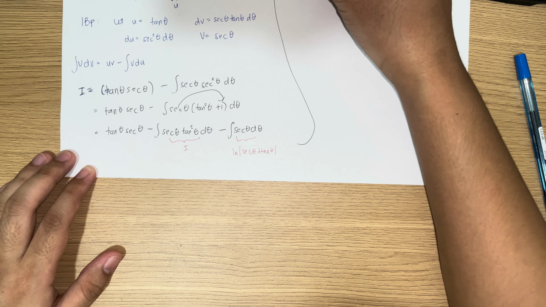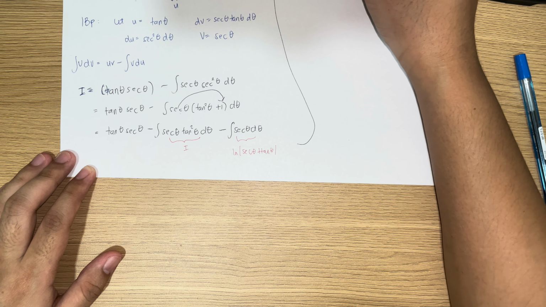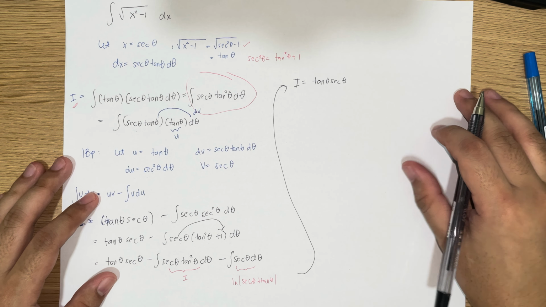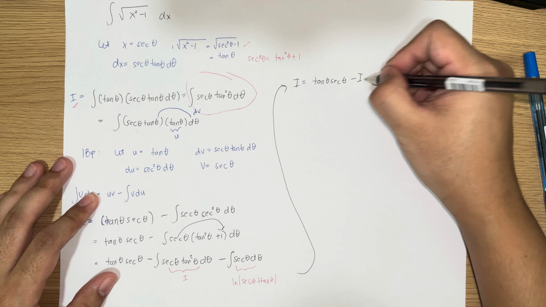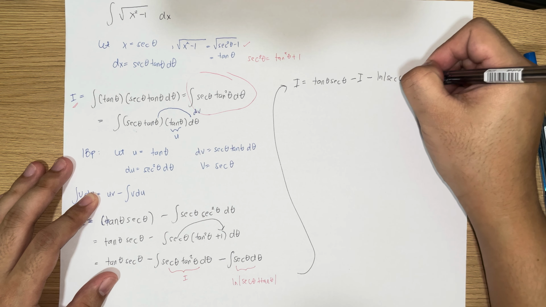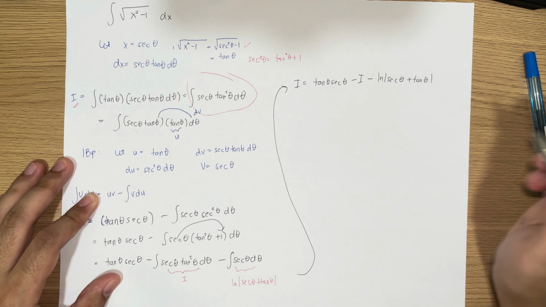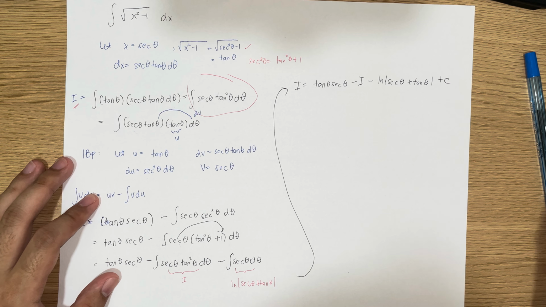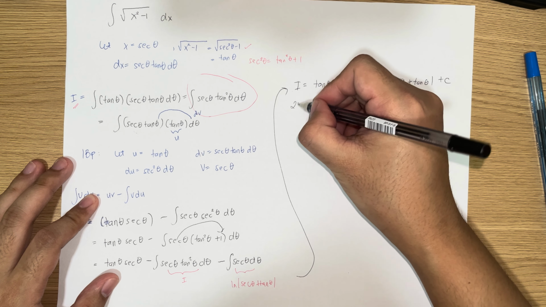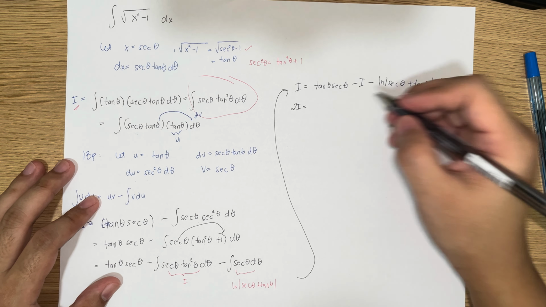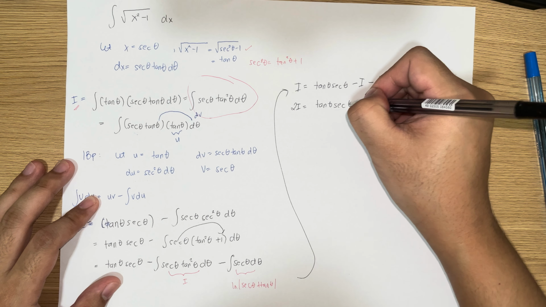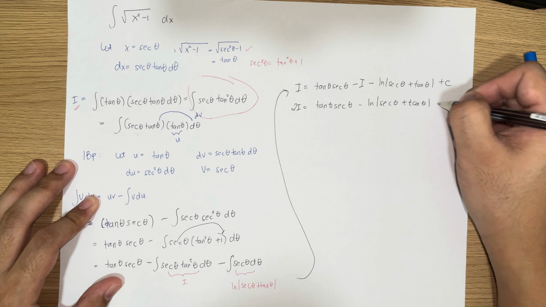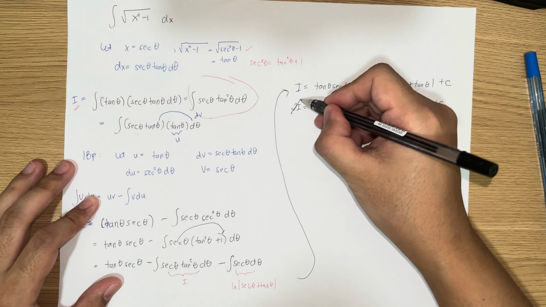We have I must be equal to tangent theta secant theta minus I minus ln of secant theta plus tangent of theta, and let's just put the c here, plus c. The I, we can put it on the left side. We get 2I must be equal to tangent of theta secant theta minus ln of secant theta plus tangent theta plus c. Ultimately, we divide both sides by 2.